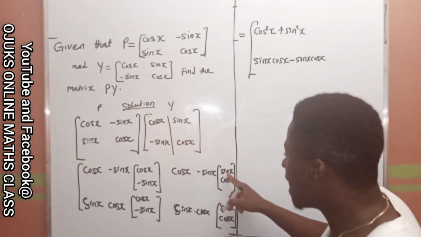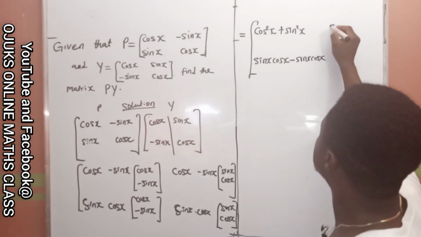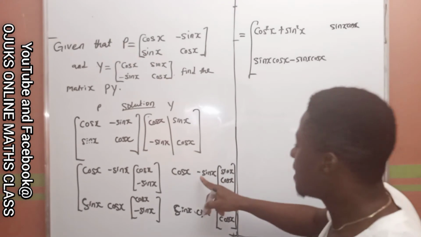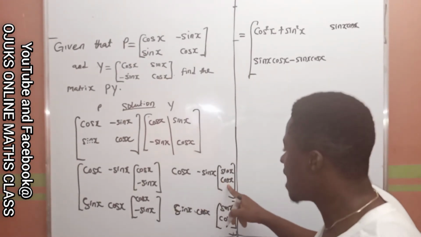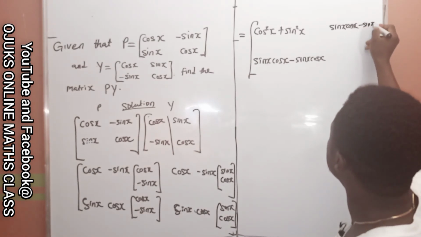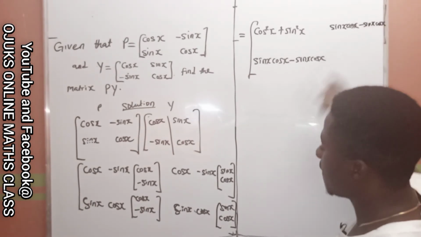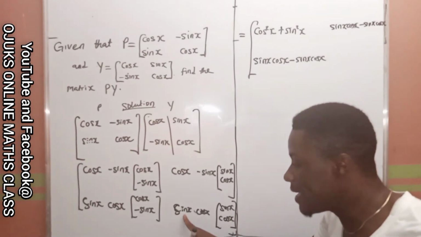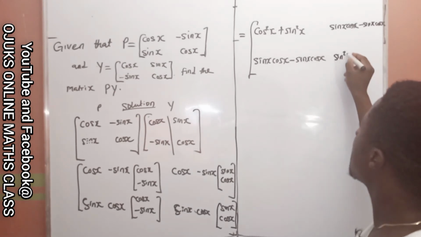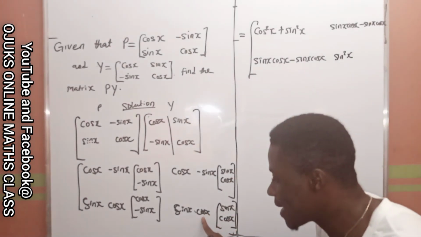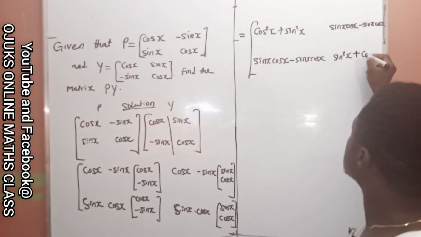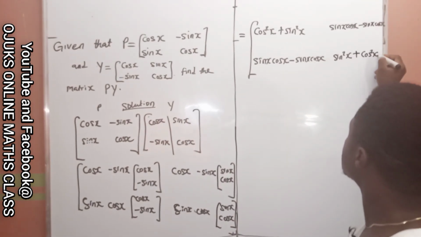Cos x times sin x, we are having sin x cos x, then minus sin x times cos x, we are having minus sin x cos x. Then finally here, sin x times sin x, we are having sin square x, then cos x times cos x, we are having plus cos square x.